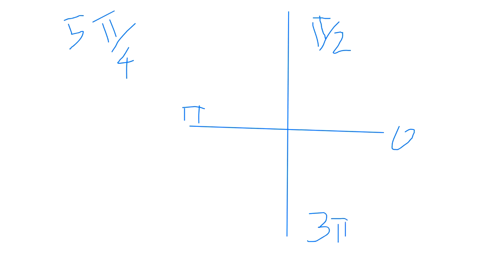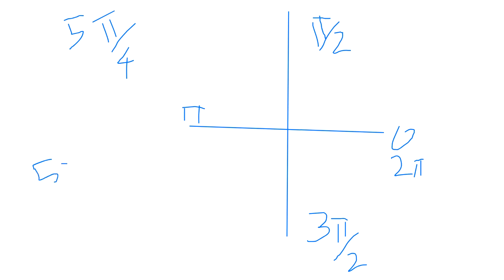And here will be 2 pi, 360 degrees. Now, because most of you are not conversant with radians, at times it might be difficult to know which quadrant 5 pi over 4 will fall. So if you are not sure, just quickly convert to degrees and see.